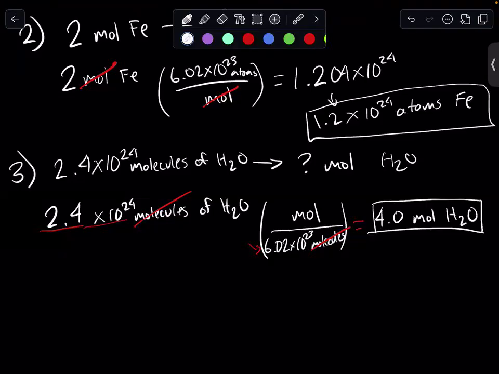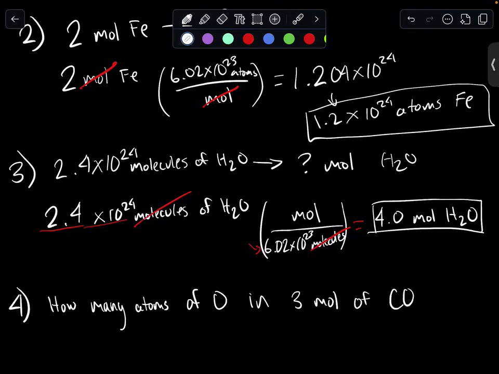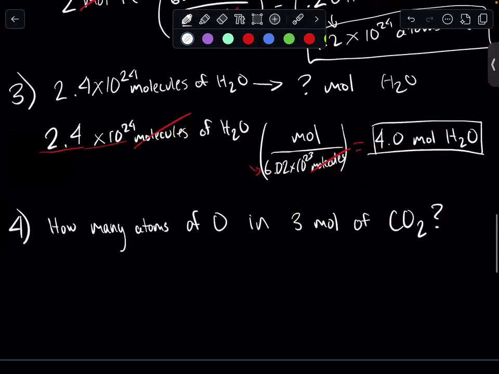All right, last problem. Problem 4. So I'm going to say, how many atoms of oxygen in 3 moles of CO2. So this one's a little harder.